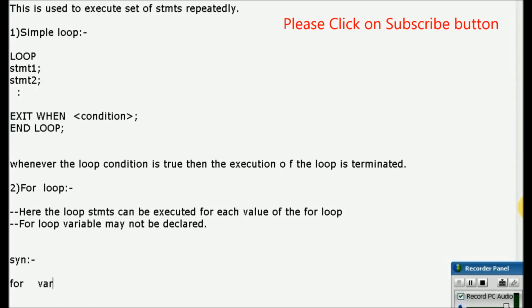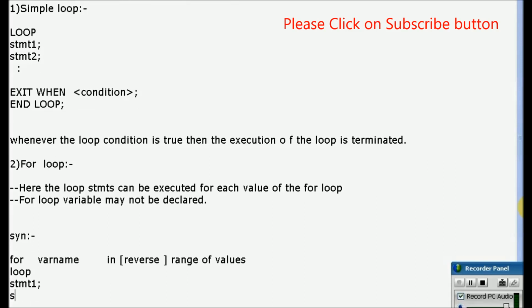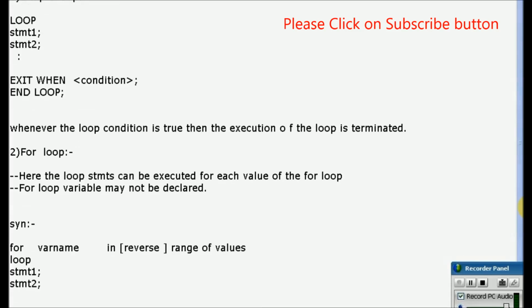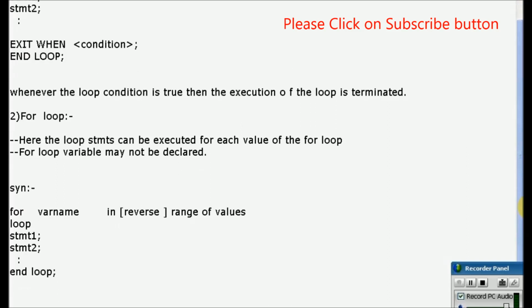For variable name in, and here you can also use the keyword reverse, and here you have to specify a range of values. Loop, statement 1, statement 2, and end loop. Yeah, this is the for loop syntax.